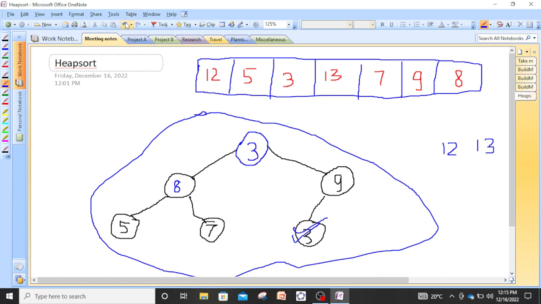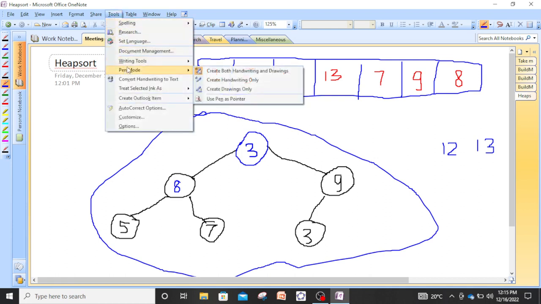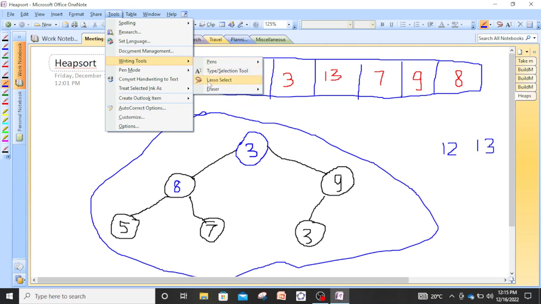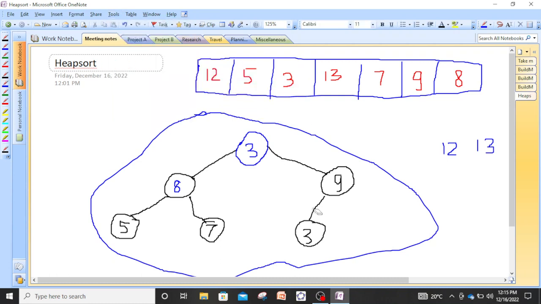And this 3 must be removed, because that 3 has taken the place of the root node. So to remove that, I use the eraser.